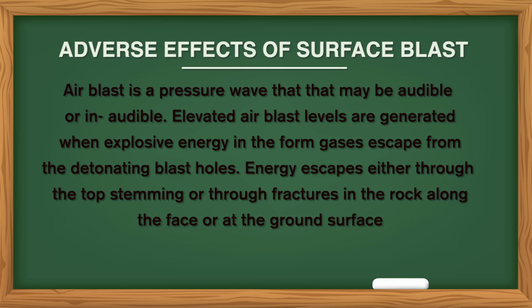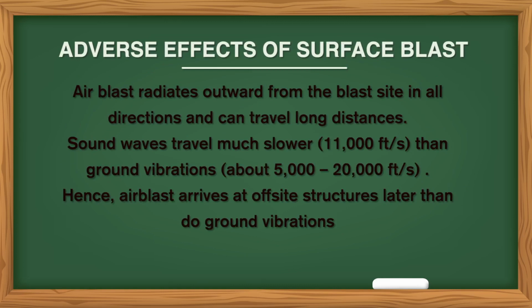Energy escapes either through the top stemming or through fractures in the rock along the face or at the ground surface. Air blasts radiate outward from the blast site in all directions and can travel long distances. Sound waves travel much slower, 1,100 feet per second, than ground vibration, about 5,000 to 20,000 feet per second. Hence, air blast arrives at off-site structures later than does ground vibration.